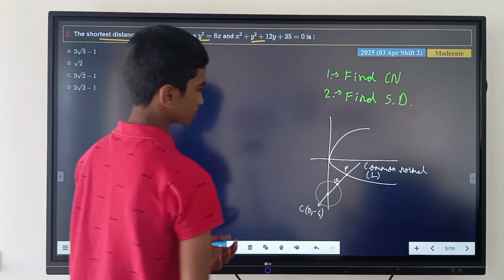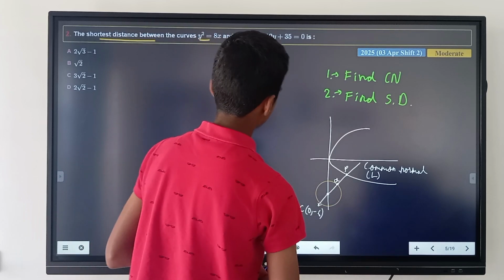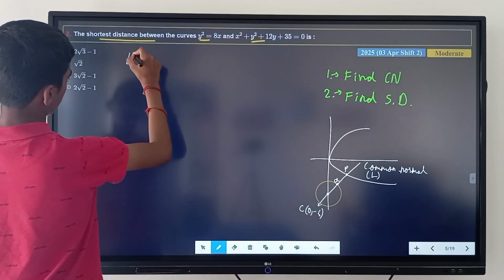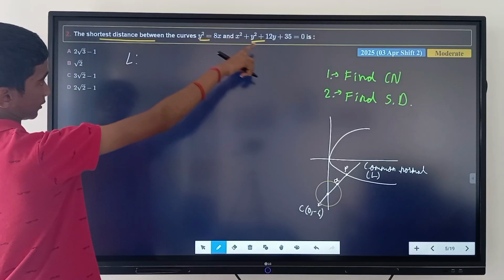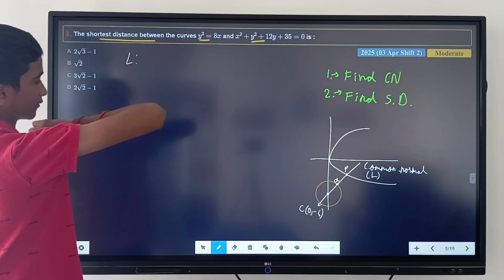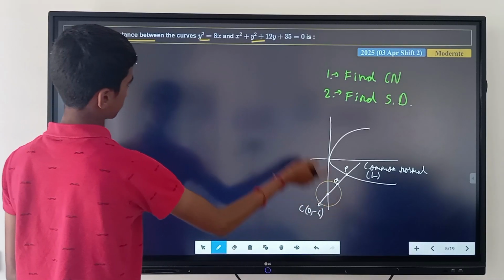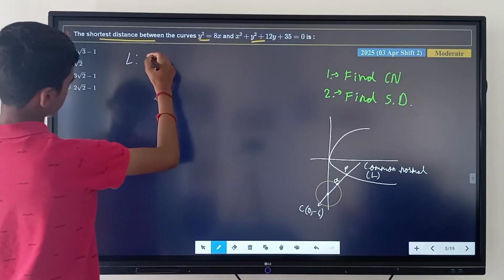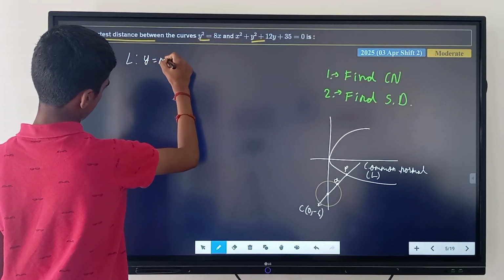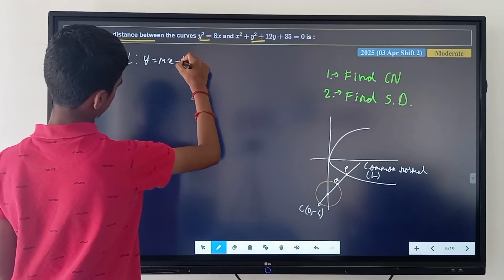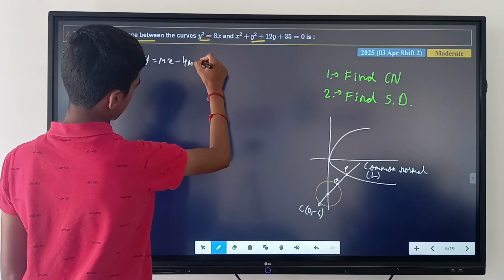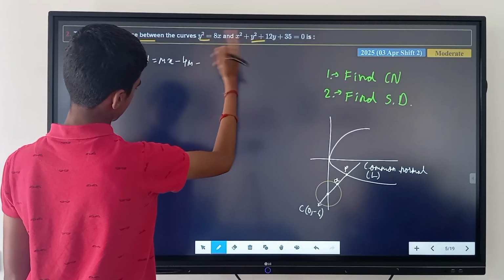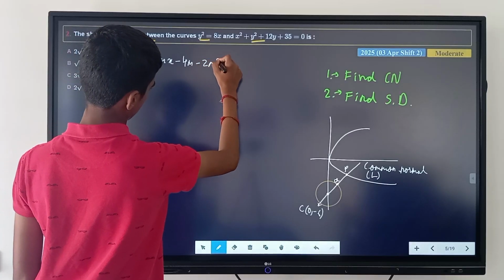Now first let's find equation of normal to parabola. Then we will make it pass through the center of circle. So for parabola, this will be y equal to mx minus 2am minus am cube.